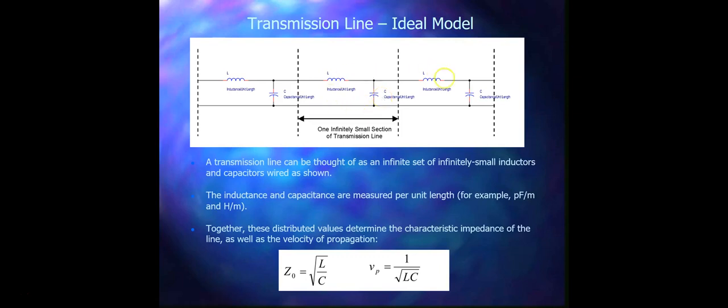If your line is lossless, if there are no losses in the line, then in that case your resistance is ignored. So here we are assuming this transmission line is the ideal transmission line, and that's why here the resistance has been ignored. Now moving on to the next slide.